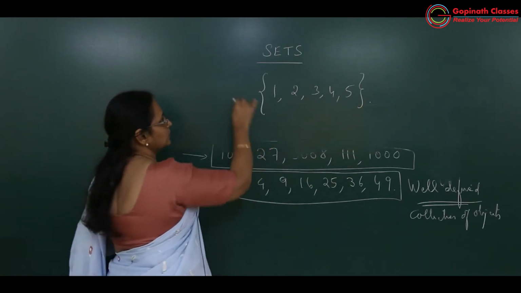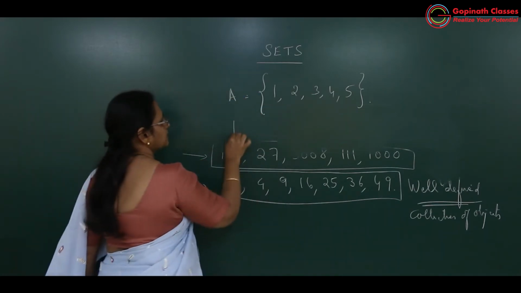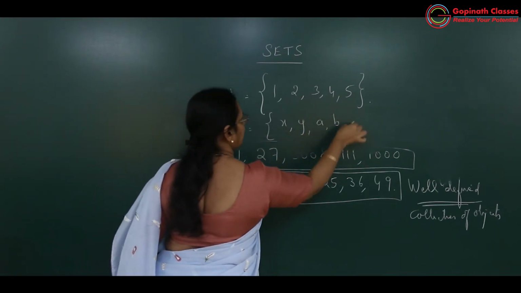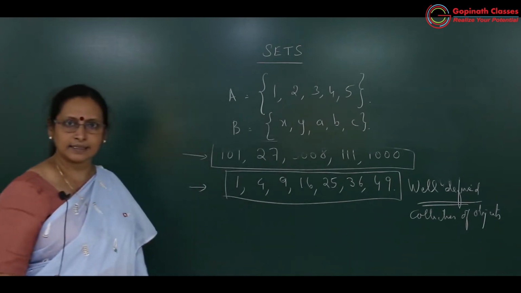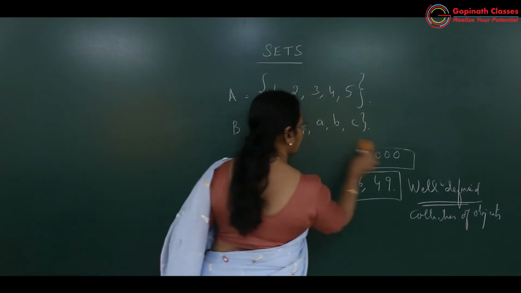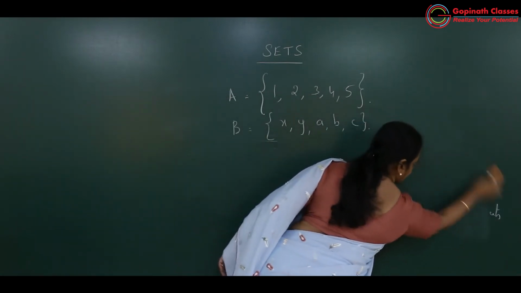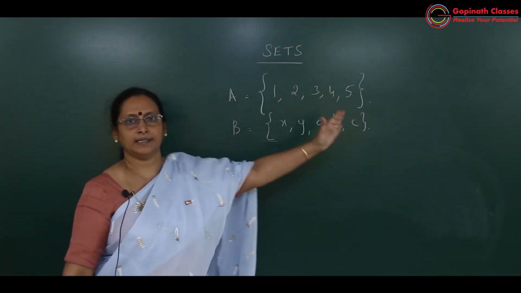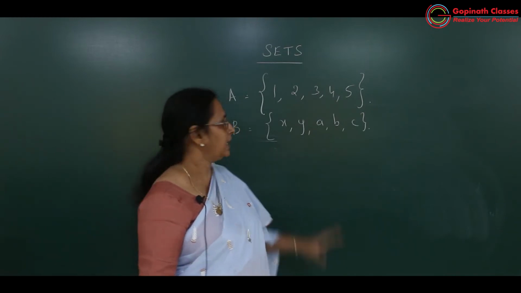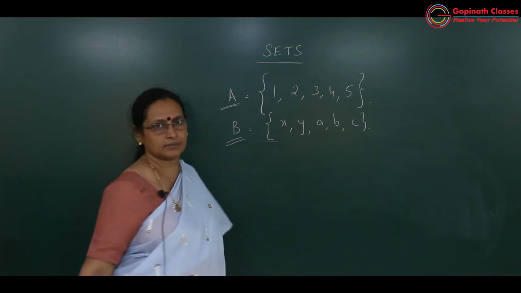It is denoted by capital letters. A is equal to this, I can write B is equal to X, Y, A, B, C. This is another set. So, the elements are denoted inside braces. These are known as braces. So, inside the braces we depict the elements, which are separated using commas, meaning it is listed, and the set is normally represented using capital letters.